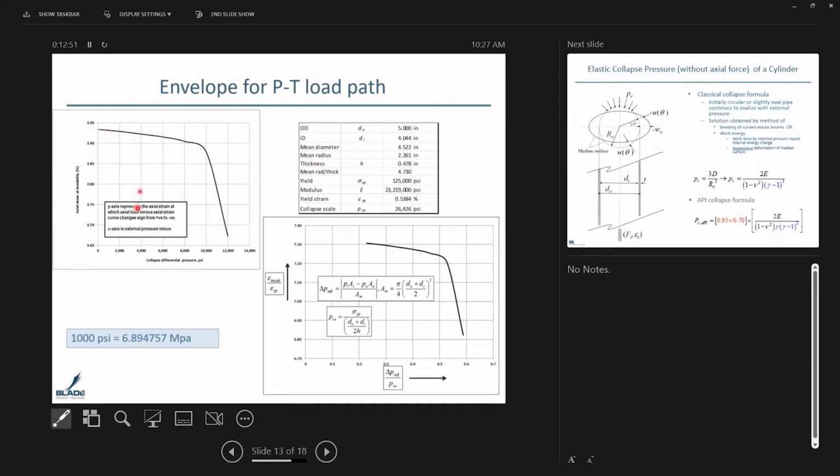This is what we have here: collapse differential pressure on the horizontal axis and the axial strain at which instability sets in, as you reach very high differential pressures. These are the kinds of pressures that we see at the end of the life of a reservoir, where you have steep instability setting in.